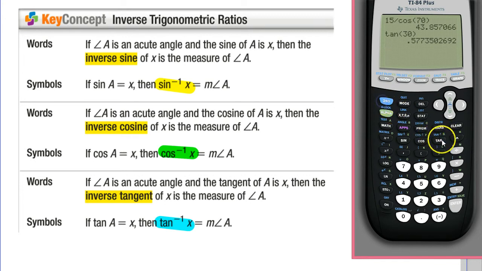If I do second tangent and then plug in 0.577350, I get almost 30 degrees. So it's telling me, if you had tangent and this was your ratio, you work backwards, there's your angle, almost 30 degrees.